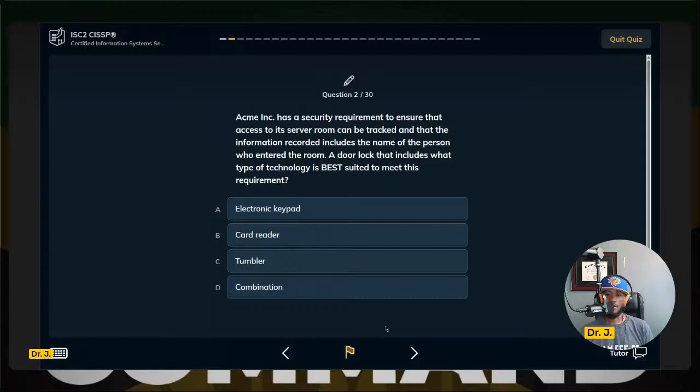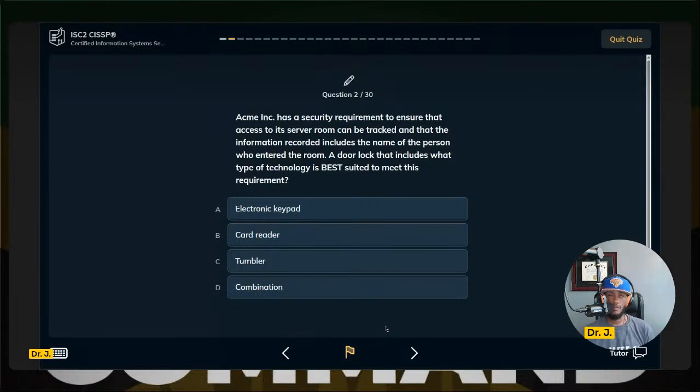Actually, I'm looking at Bravo. Because with an electronic keypad, you're not going to be able to track specifically who it is that comes to the door. If they're trying to have that accountability of who's going in and out of the rooms, you may want to use a card reader, because everyone's card is going to be unique.